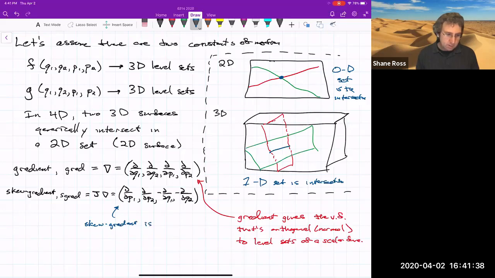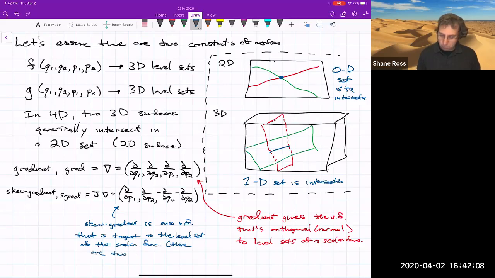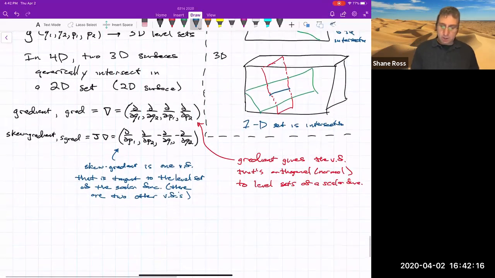It's one vector field that is tangent to the level set. There would be two others. This is just one. Two other independent vector fields.